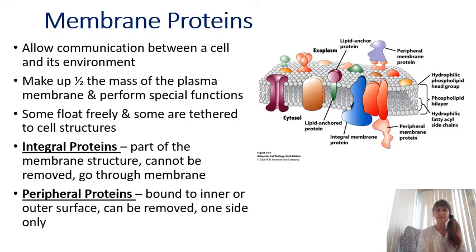As I said before, integral proteins are actually part of the membrane structure. They will span the entire length of the membrane and kind of poke out on either side. They can't be removed. Peripheral proteins, on the other hand, are bound to one side of the membrane surface, so they'll either be on the extracellular surface or the intracellular surface.